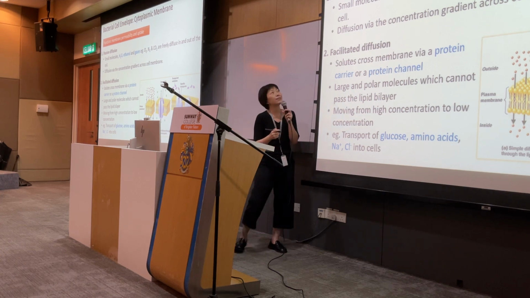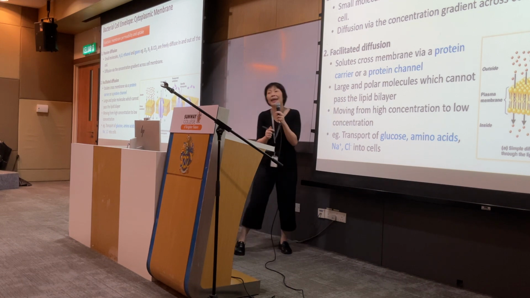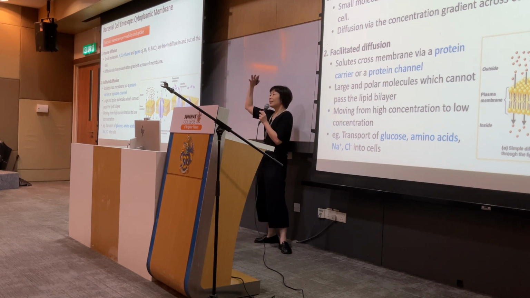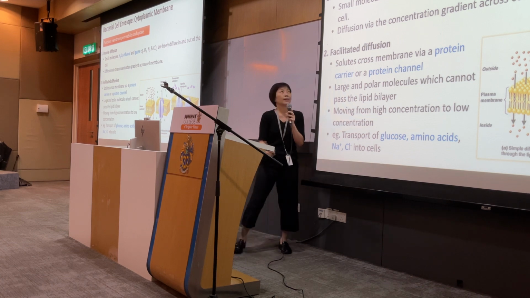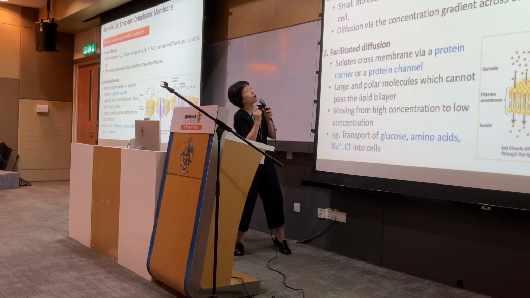So it's called passive. It's diffusion, meaning that the molecules move from high concentration to low concentration along the concentration gradient. That's why it's diffusion. Some molecules such as water, ethanol, and gases, as I mentioned earlier, do not have any charge.